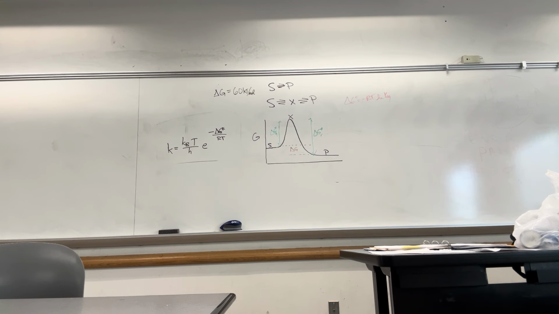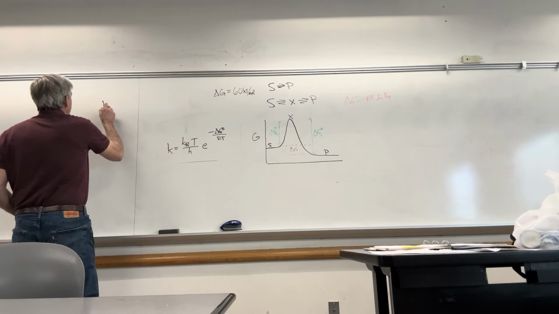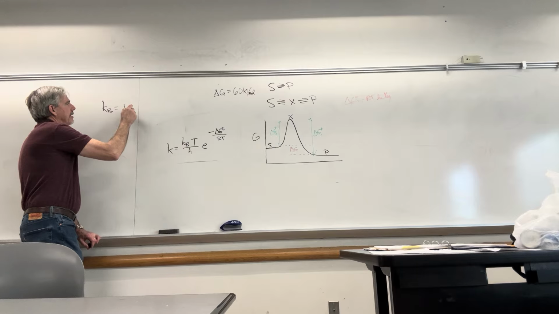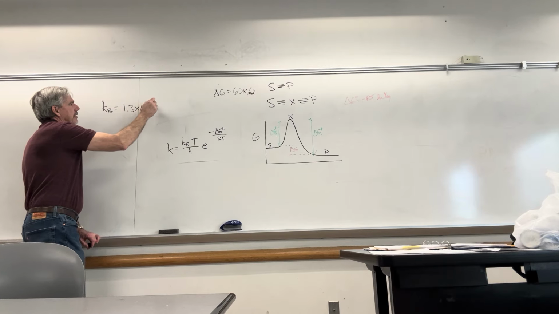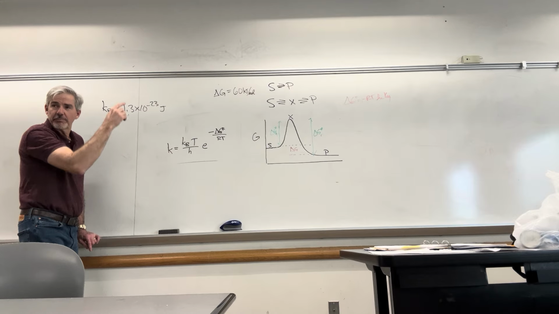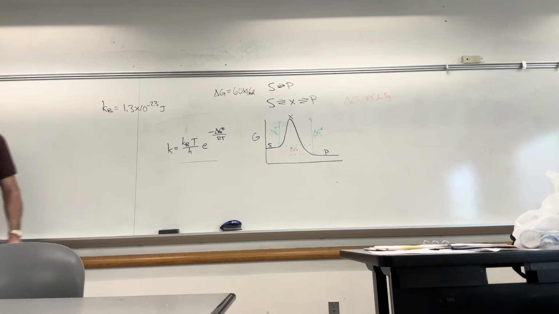Yes, okay, so in a moment you're going to tell me what K and KB and H are. So KB, that's Boltzmann's constant. Tell me. 1.38 times 10 to the negative 23 joules per Kelvin. Yes, joules per Kelvin.